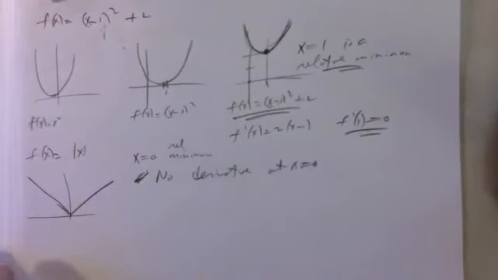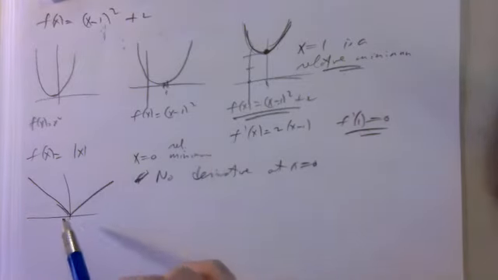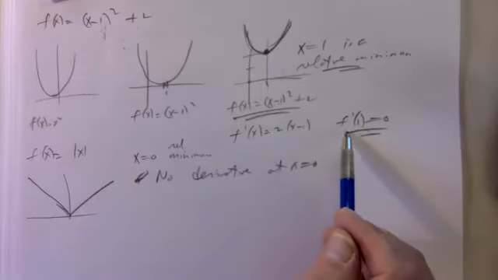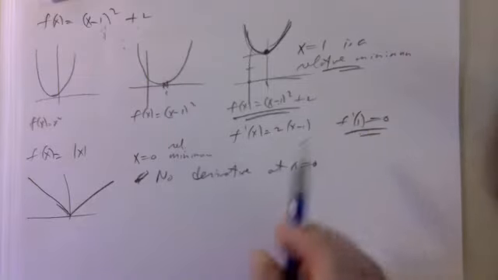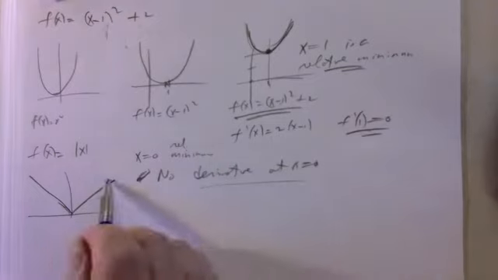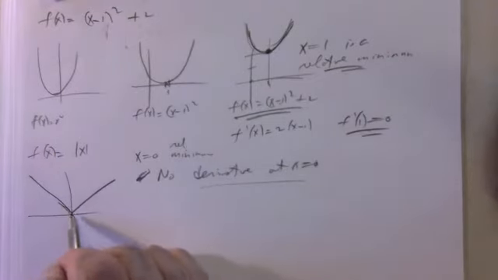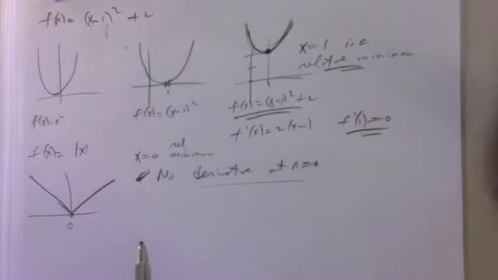So this shows you two examples of what I said is always true. Wherever there's a relative maximum or a relative minimum, either the function is differentiable and has a derivative equal to 0, or there's no derivative. And this absolute value function has no derivative at 0.